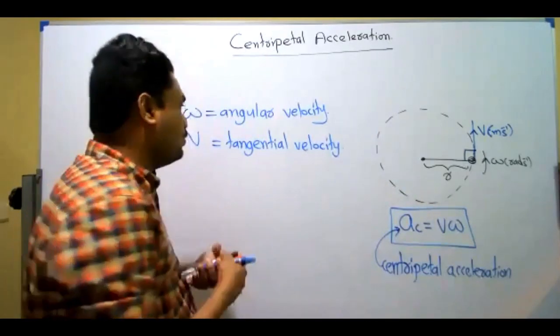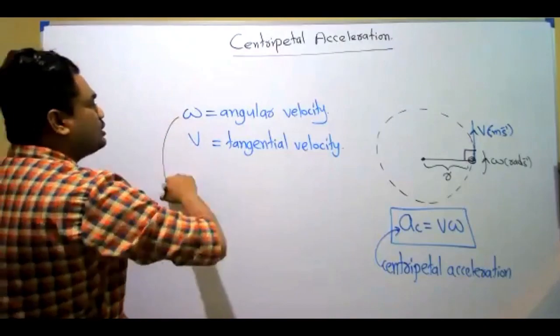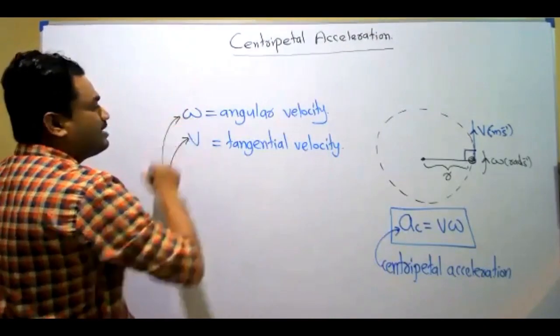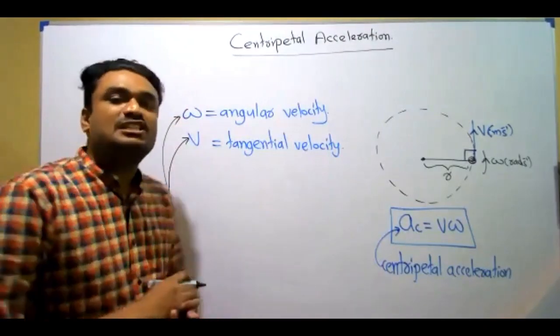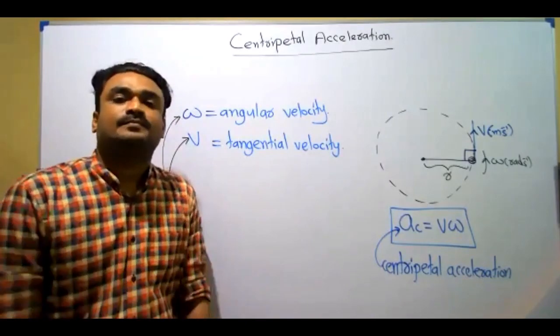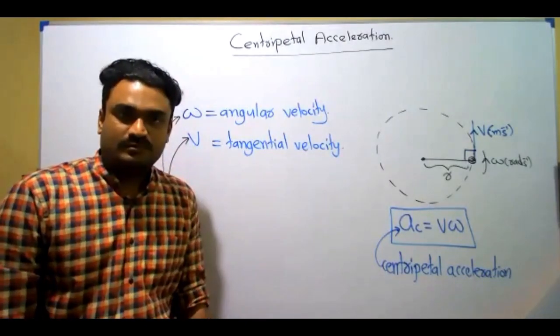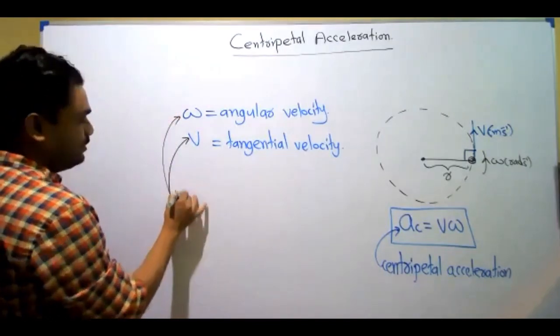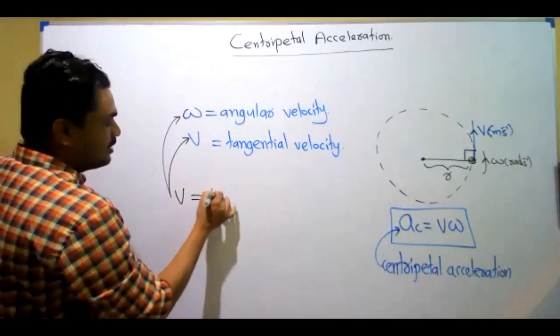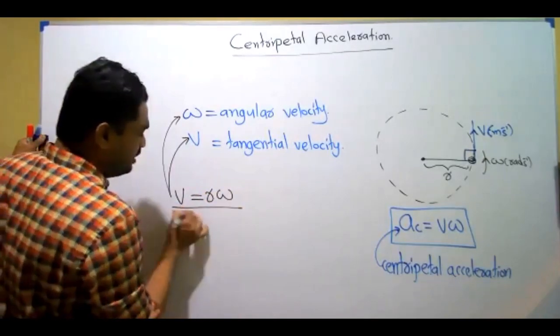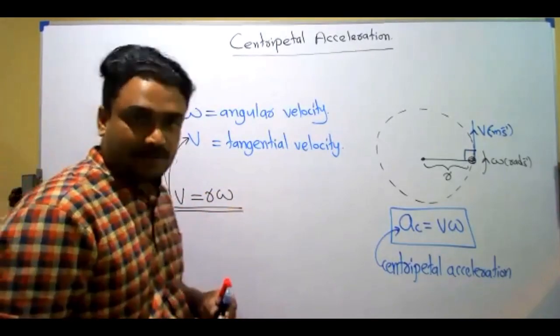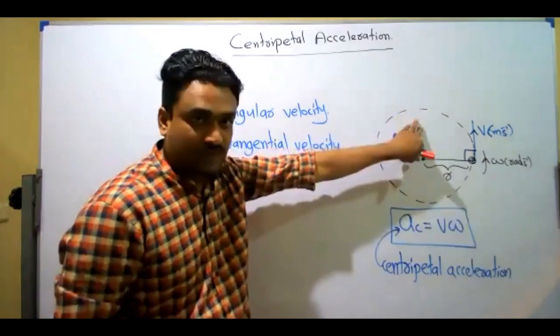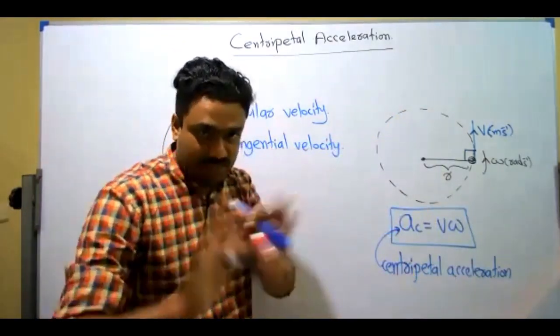Now, what is the relationship between v and omega? Lamai, what is the tangential velocity equation? v equals r omega. Very good. This is the relationship between v and omega. Draw the figure, write the equation, name it, and wait.